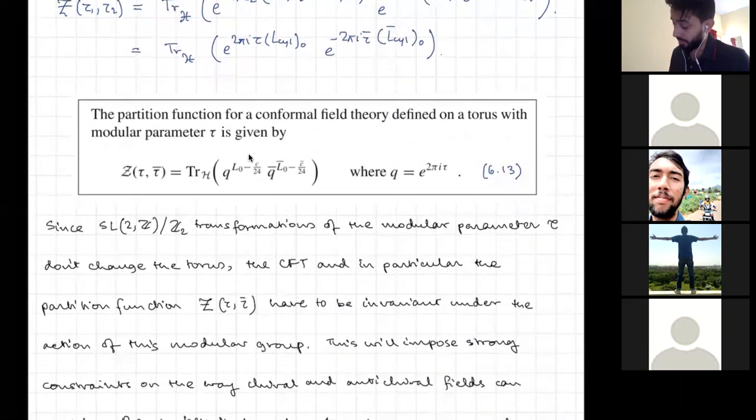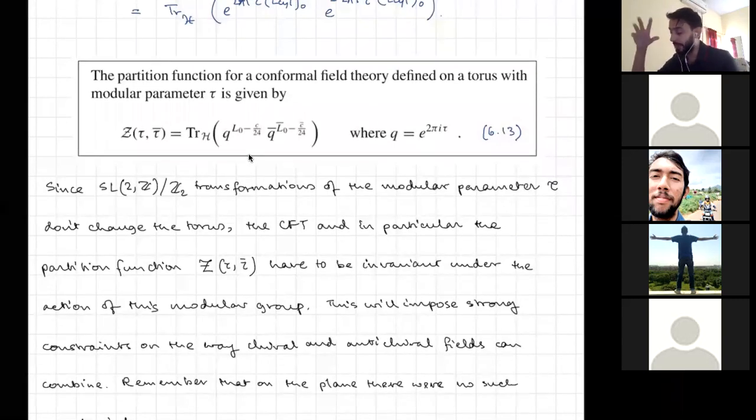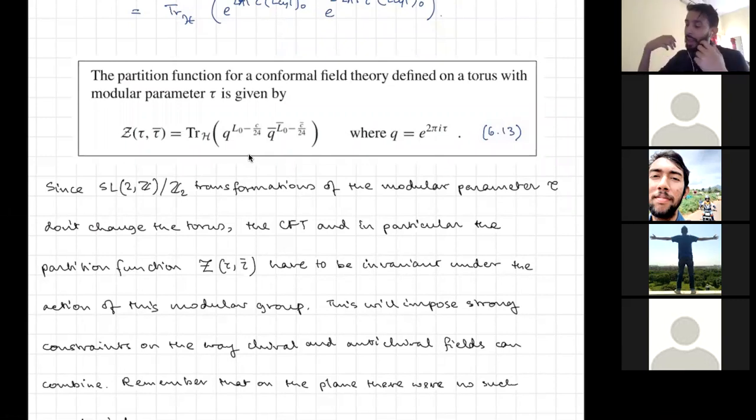For example, one of the things which is going to be important is that, remember, what we were doing before is that we had these left movers or the chiral fields and the right movers or the anti-chiral fields, and we were saying that you just do this and the rest of it you can just plug in.